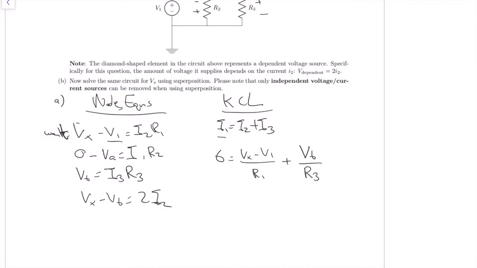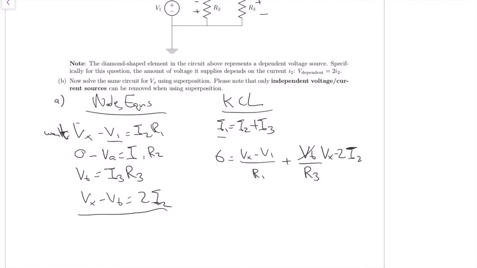Okay, let's see. Can we rewrite VB? We should be able to rewrite VB as Vx minus 2I2 using this equation. So this is just Vx minus 2I2.